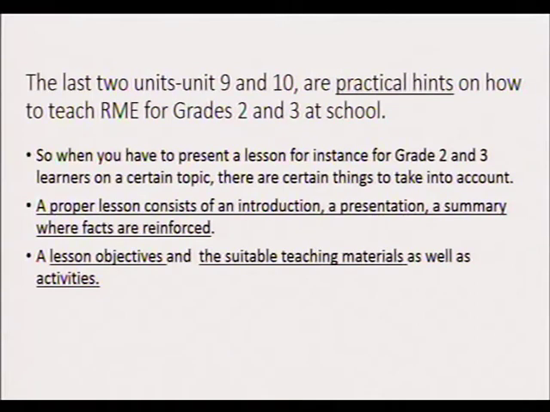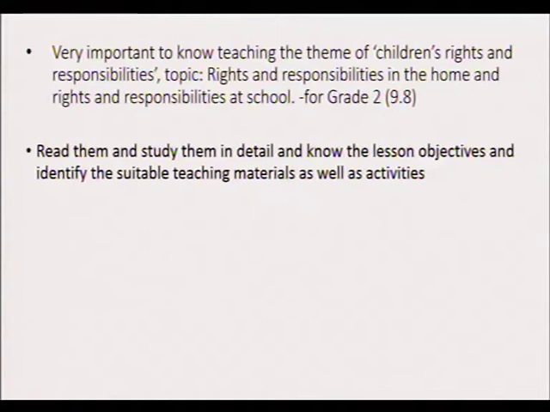A proper lesson consists of an introduction, a presentation, and a summary. The lesson must have objectives and suitable teaching materials, as well as the activities that will take place during that specific lesson. Those are a few things that you need to pay attention to. You need to read Unit 9 and 10 very well.